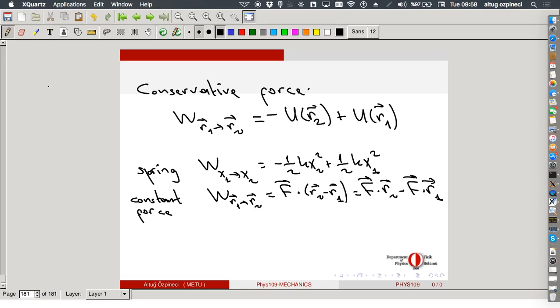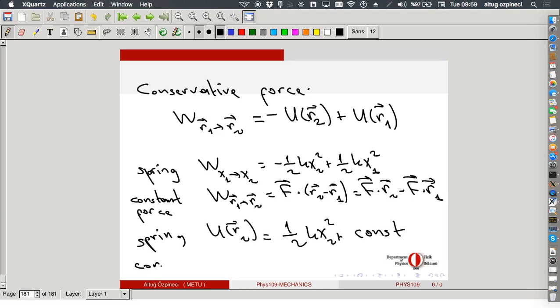And if you compare this one with these expressions, you see that for the spring, u of R2 is equal to 1 over 2 kx2 squared plus some constant.